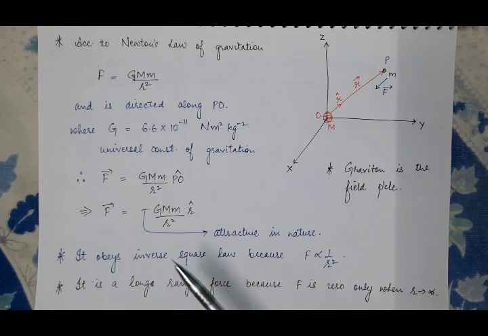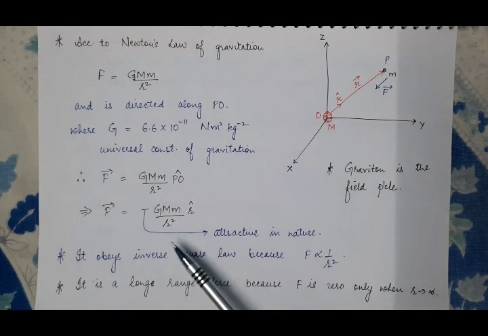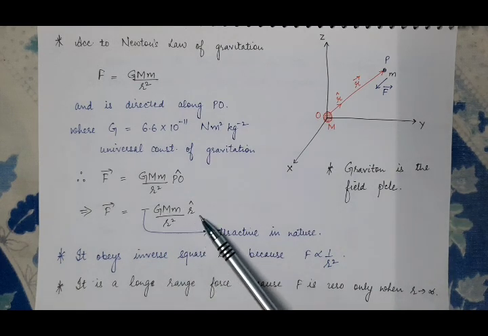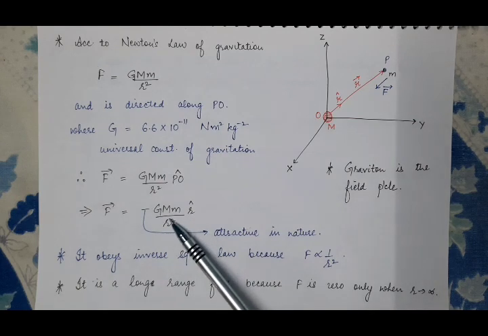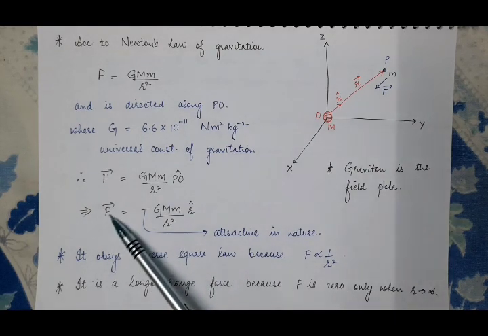At any value of r, this F will be non-zero, except when r approaches infinity, that is, when the two bodies are at infinite distance from each other. Only then will this gravitational force be zero.